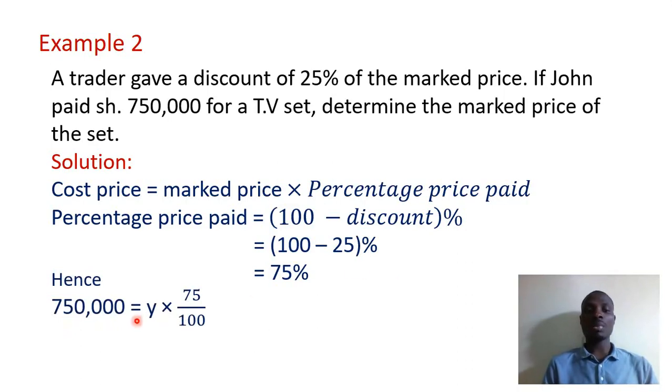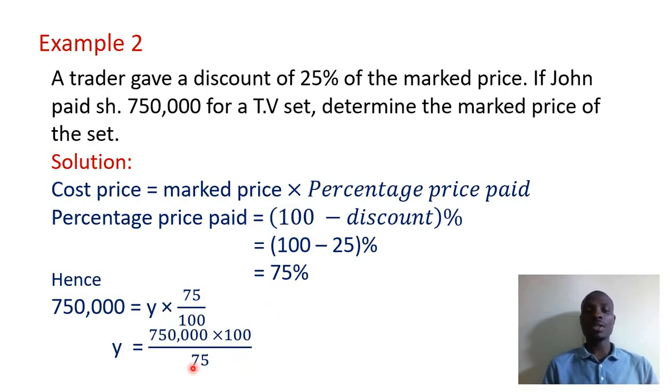Then we shall cross multiply and make Y the subject. So I have 750,000 times 100 divided by 75 is equal to Y. So Y is going to be 750,000 times 100 divided by 75.